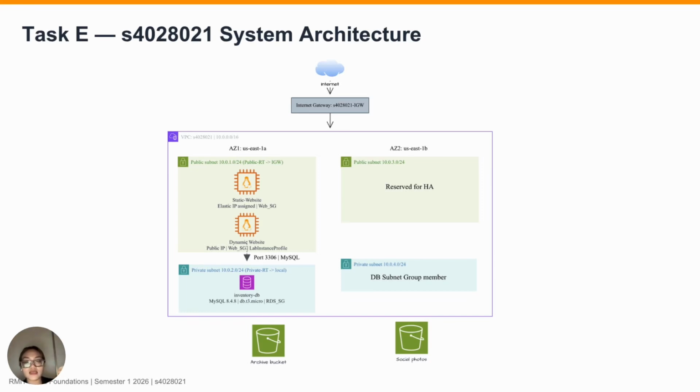In availability zone number 2, the public subnet at 10.0.3.0/24 is reserved for high availability, and the private subnet at 10.0.4.0/24 is part of the DB subnet group. Both S3 buckets sit outside of the VPC as managed services.